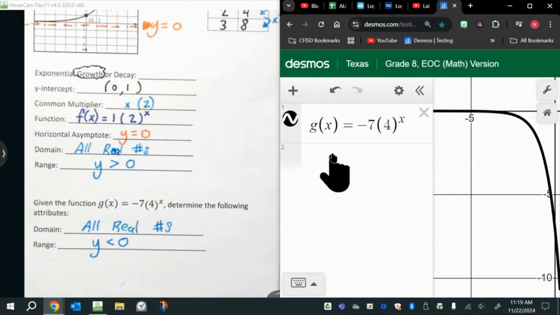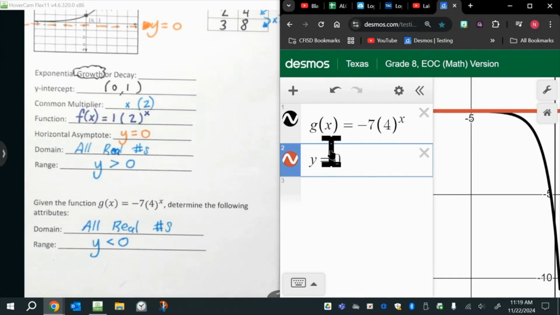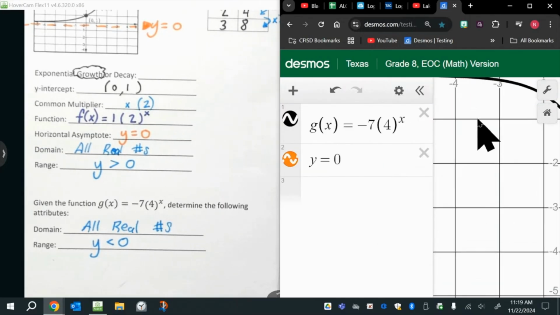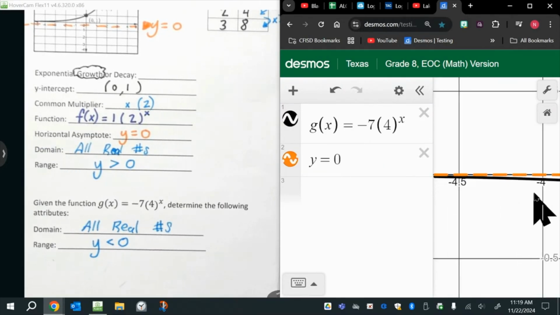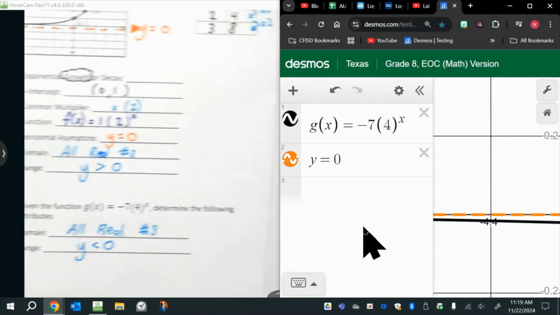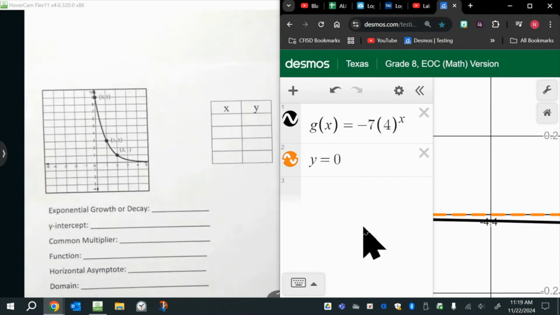So I still have my asymptote, even on this problem, y equals 0. And that would still be sitting right here. Like if I scroll in and zoom in, it's still not going to get to that line. So all my values are strictly less than 0. Okay, let's take a look at the next couple of problems.